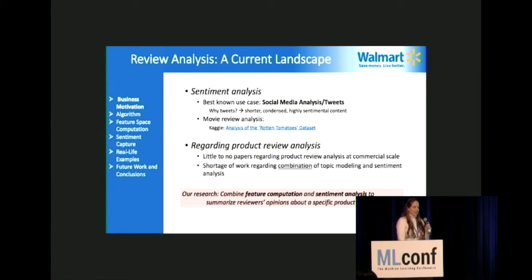I also noticed that there was a shortage of work on ways to combine feature extraction, or you could call it topic modeling, and sentiment analysis, to bring it all together. Really, what we're trying to accomplish here is to create a product that would give a snapshot to the customer so that they don't have to go and read every single review by hand.